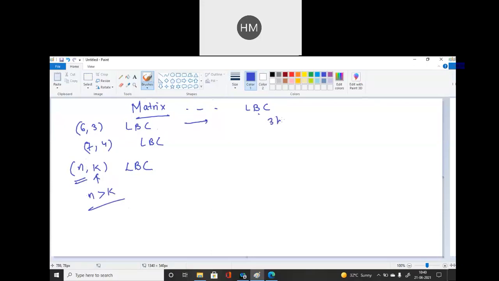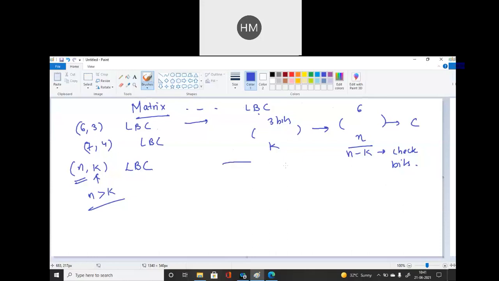So here (6,3) means 3 bits means k message bits. Coded bits is 6, that is n. This is the total. n minus k is my check bits. And c is the code word generated. So the first k bits of the code word.